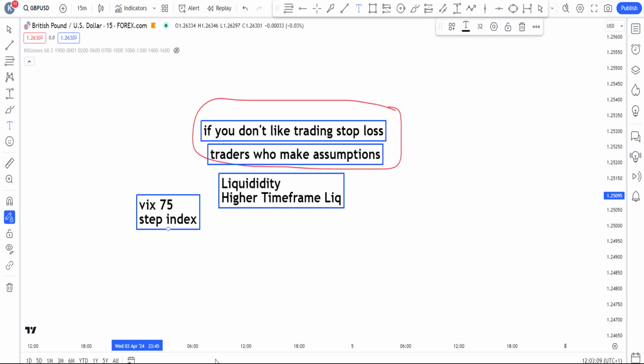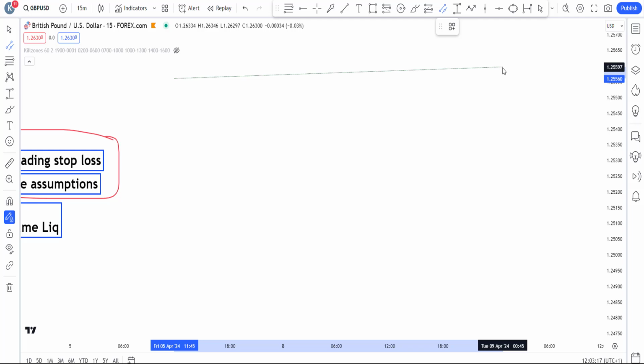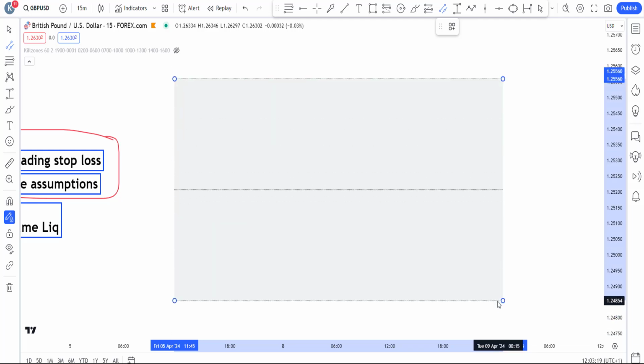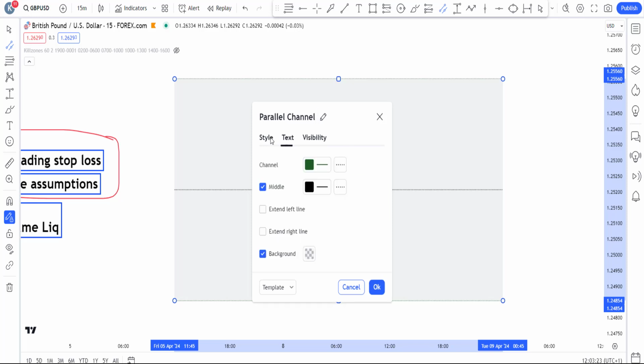If you are within the range of that 4-hour range, let me show you something. I just want to show you how this works. Let me take out the background.